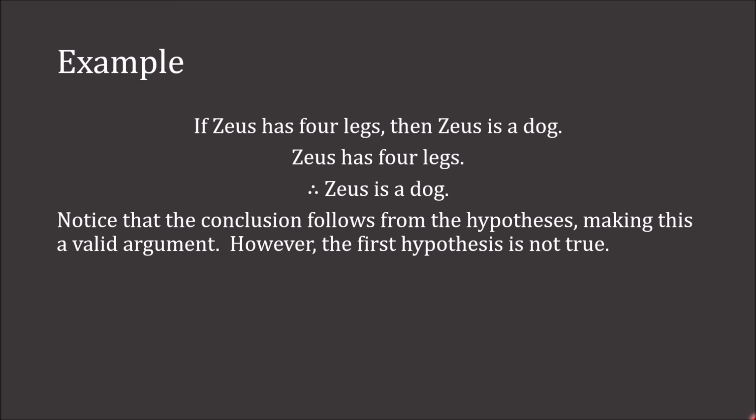Zeus has 4 legs, therefore Zeus is a dog. Notice that this argument has the same form as the Socrates argument. Hence, this is a valid argument, even though this first statement is not necessarily true.